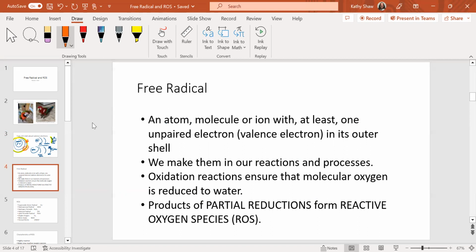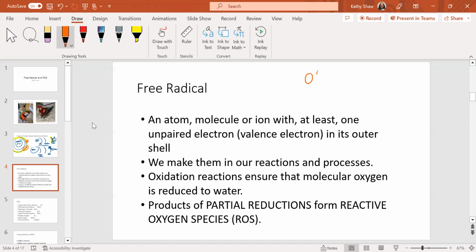So the oxidation reactions ensure that molecular oxygen is reduced to water. So that's going to get very important. This whole thing is based not only on that idea of the valence electrons and the want or need for 8 electrons in the outer shell, it's also based on our oxidation reduction story that we told.